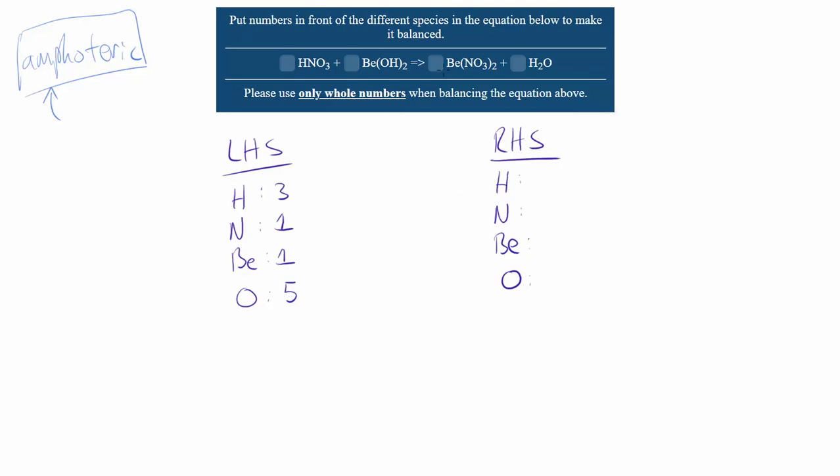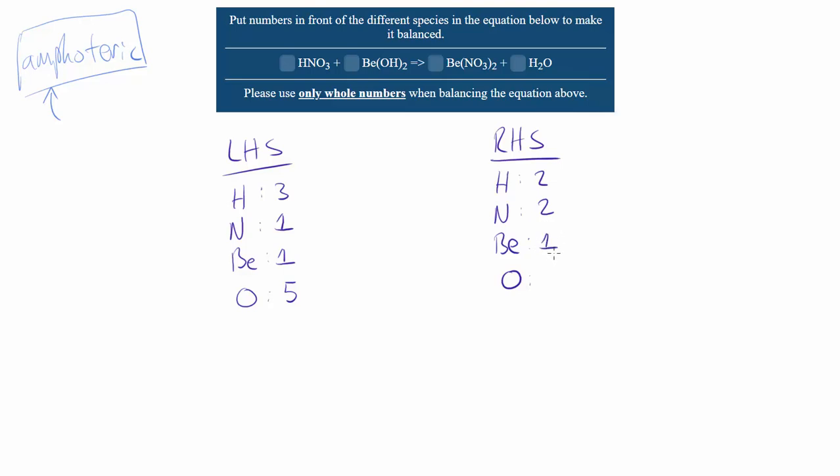If we bring our attention now to the right hand side, the product side of the equation, for hydrogen we've got H2O, and it doesn't occur in the other species, so that's just going to be 2. Nitrogen occurs here in NO3 twice, so N would be 1 times 2, so that occurs twice. Be is just Be, so it's going to be 1.